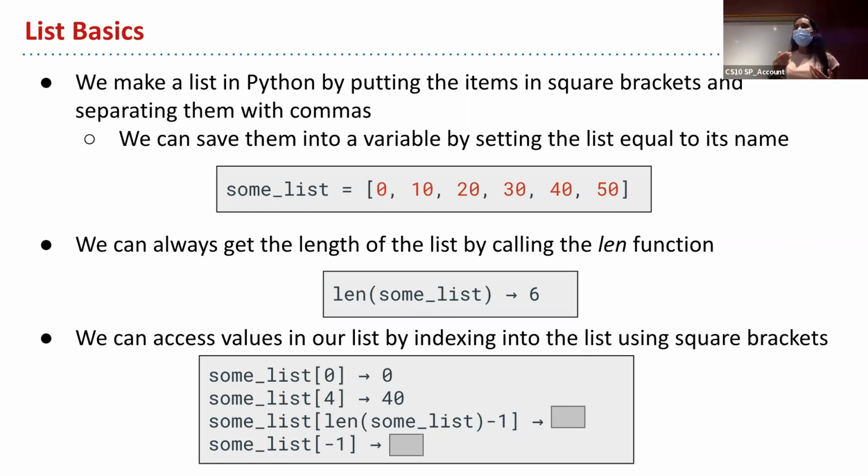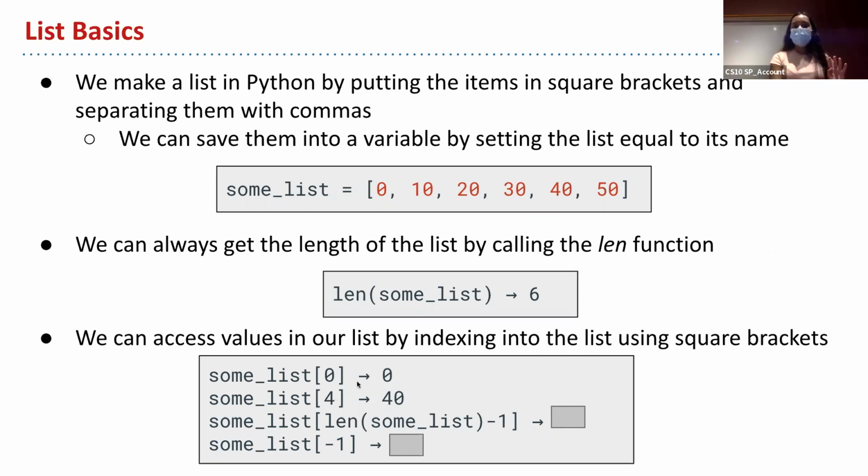Like the first item in your list is item 1. But in Python, the first index in your list is item 0. And that's just a thing that exists in most programming languages. Basically, all programming languages aside from Snap use 0 indexing. So the first item is always item 0 or index 0. And that's something that can get really confusing if you forget. So make sure that you keep that in mind when you're trying to debug your code.